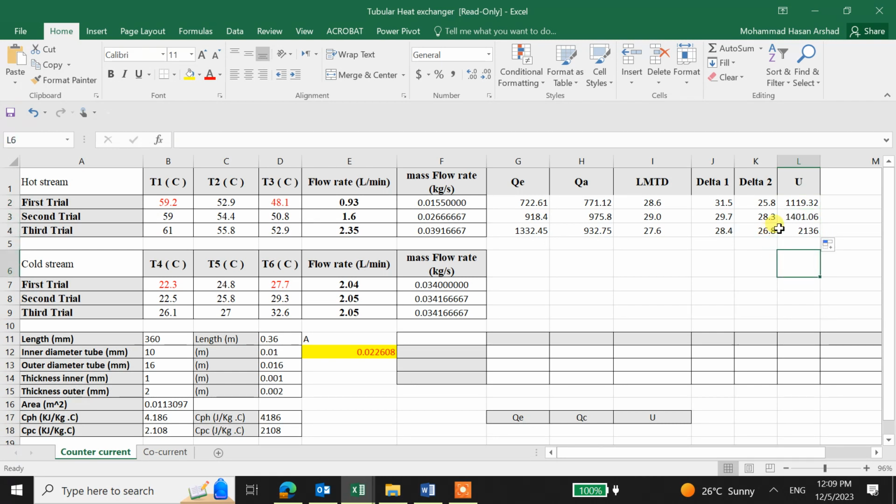So the overall heat transfer coefficient is increasing when we increase the mass flow rate of hot. It makes sense, right?